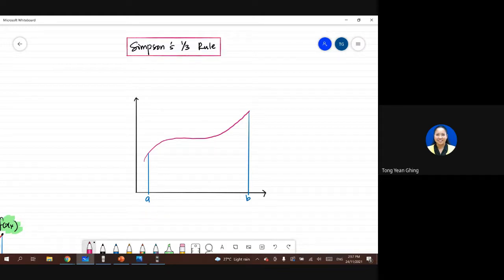So for this Simpson 1/3 rule, for this method, we will have to divide the interval start from a to b into n. What is n? It is the even segment.